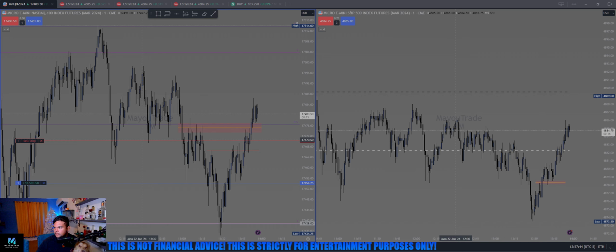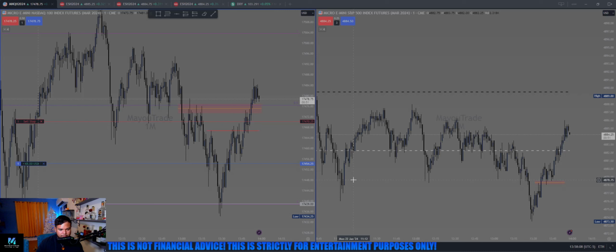I don't want it to go below 1745 and a quarter. Yeah, see, it's already past my entry point, so not ideal for me. I'm okay with where I'm at.